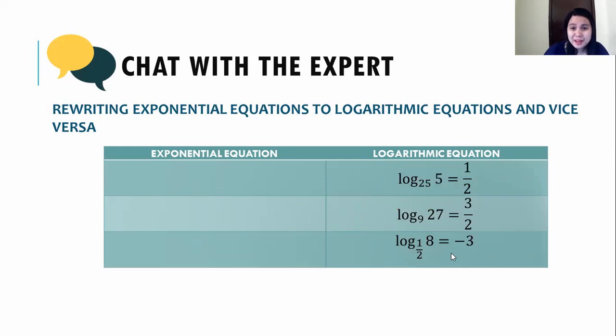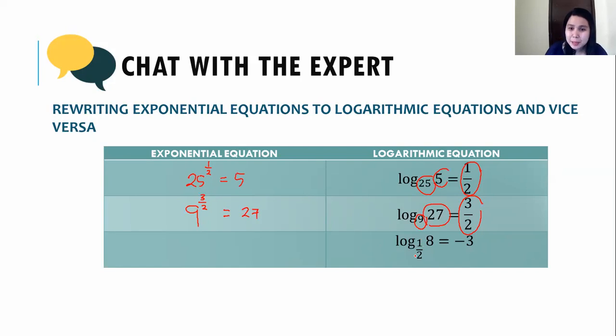Let's do the other way around. Base first, 25. The answer is the exponent equals the anti-logarithm. This is the last. Next, base first, the exponent 3/2 equals the anti-logarithm 27.